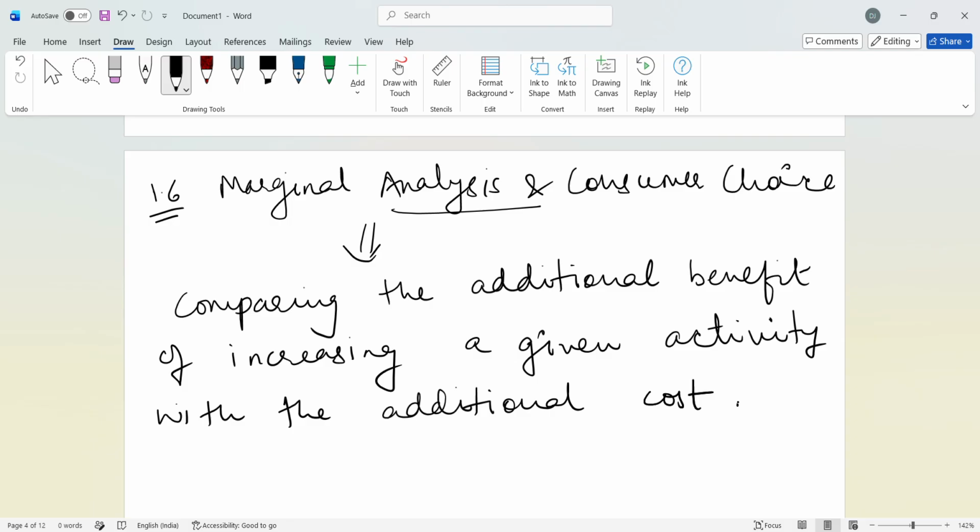That's what marginal is. Marginal is always about one more additional benefit and one more additional cost. Again, the same logic: we take the additional benefit.